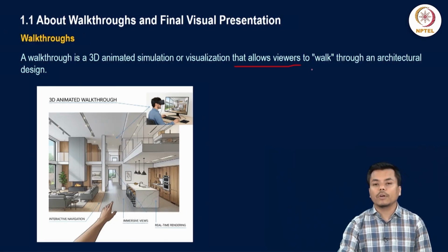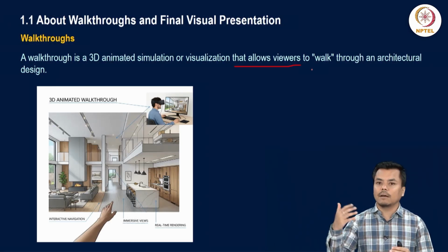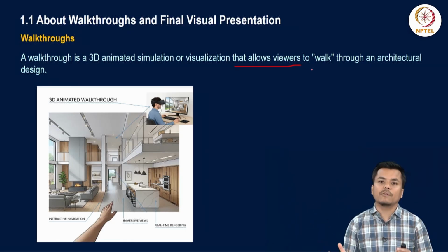That means when you enter a space, what is the movement pattern when you enter a structure, what all you see in your surroundings, and how does the space that you have designed appear to the user. That will be understood through a walkthrough. That is why a walkthrough provides you a real life experience inside the structure or in and around the structure.